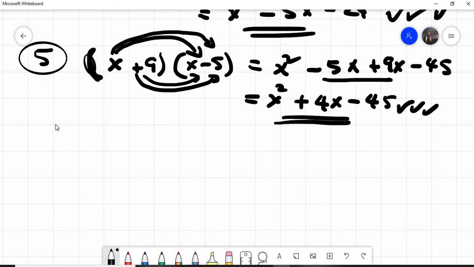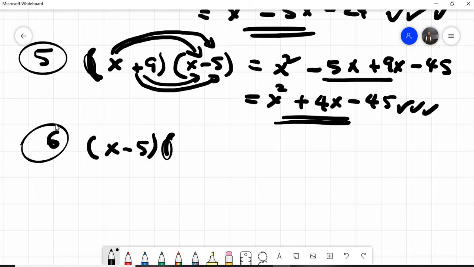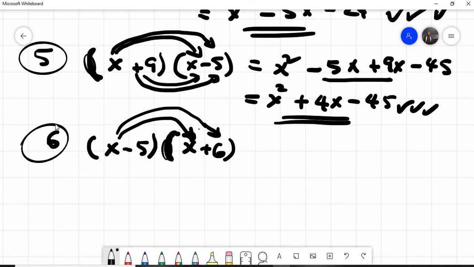And now our final example, example 6. x minus 5 times x plus 6. We do how we were doing: x times x, and then x times plus 6, negative 5 times x, negative 5 times plus 6.